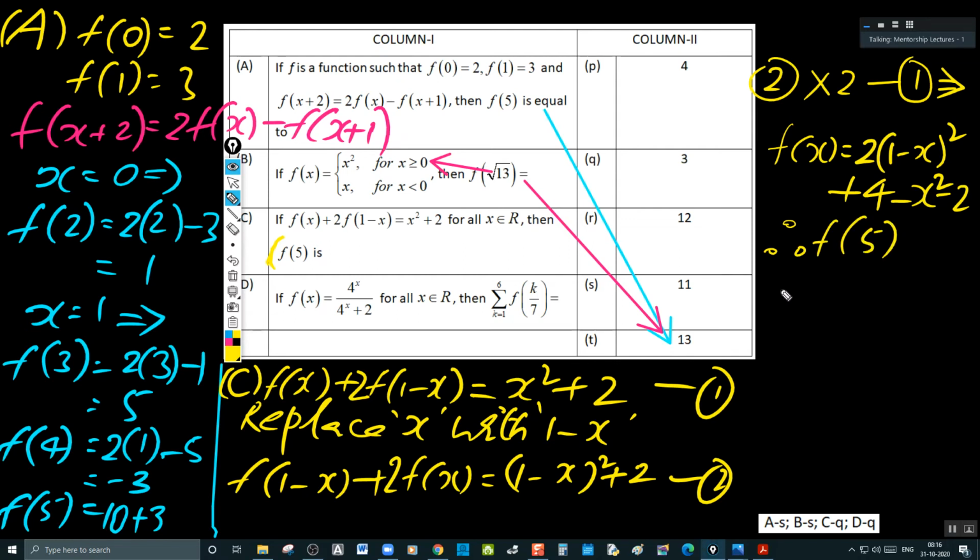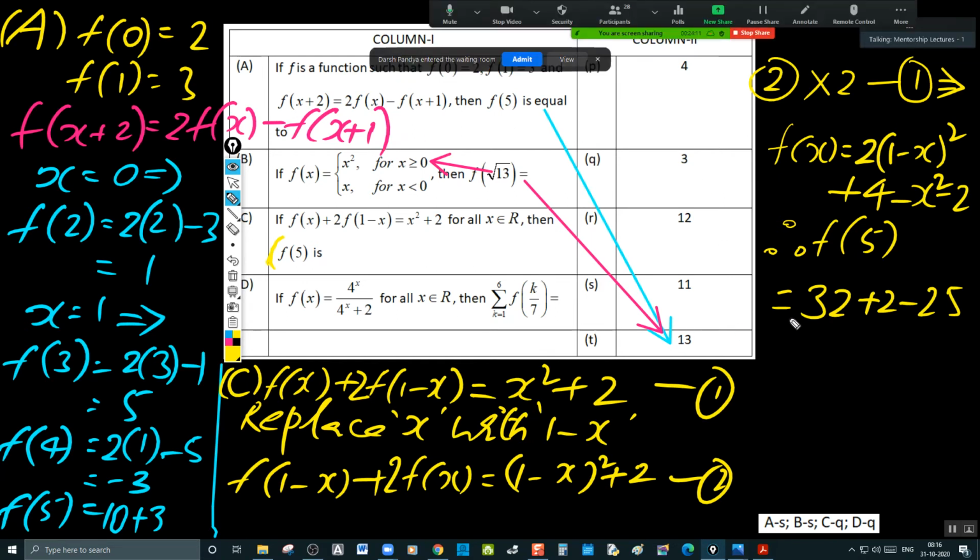F of 5, please. It is twice of 16, 32. I'm writing directly. Plus 2 minus 25. How much is it? 34 minus 25. It will be 3f of x, right?